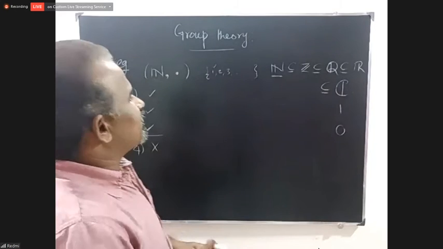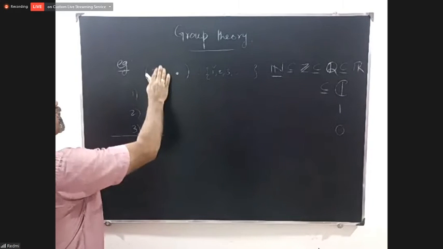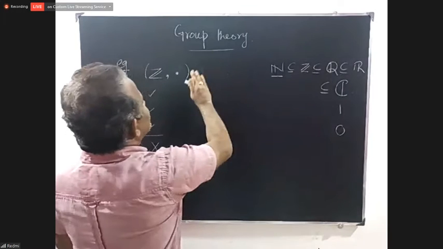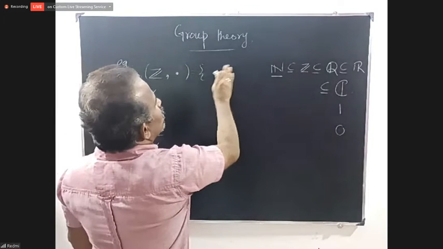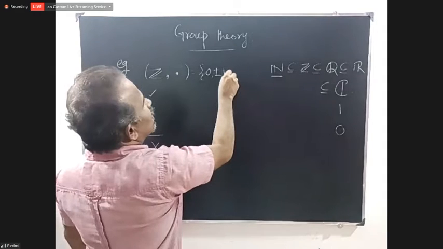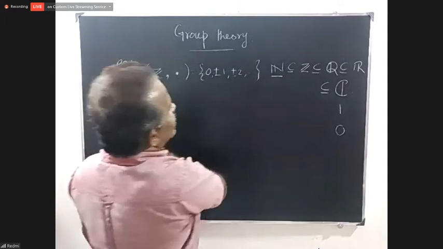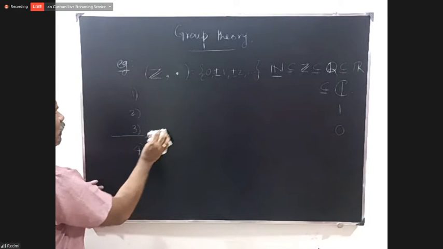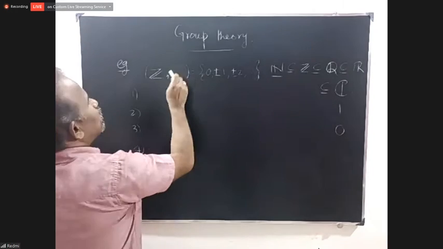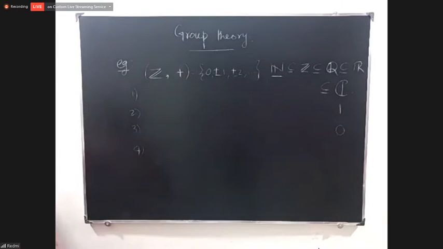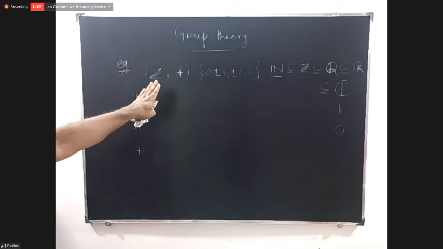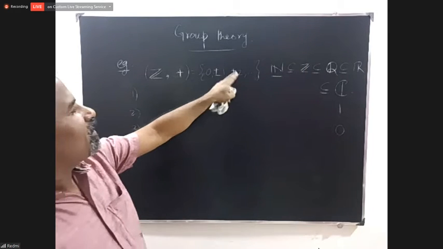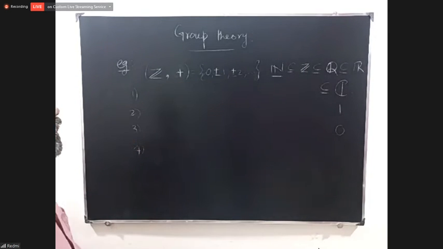Then you come to the integers. Integers are nothing but 0, plus or minus 1, plus or minus 2, etc. Now first you can take the plus operation, addition. You can check very well that if you take any two elements and add them, again it will be there.